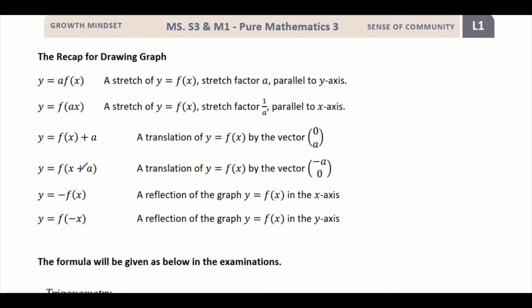If you have secant of x plus 90, then you should know that your whole graph should be moving to the left by 90 degrees. I'm just putting in the recap here. You might want to make a revision by yourself, because that's something you already know, and I do not want to prolong the video here.